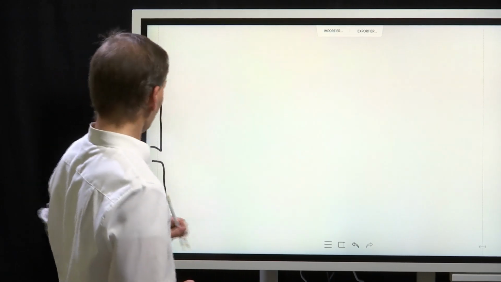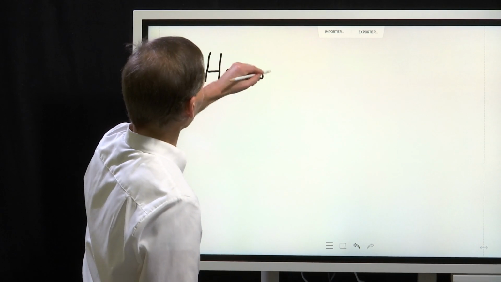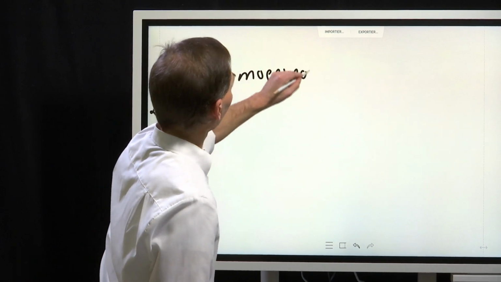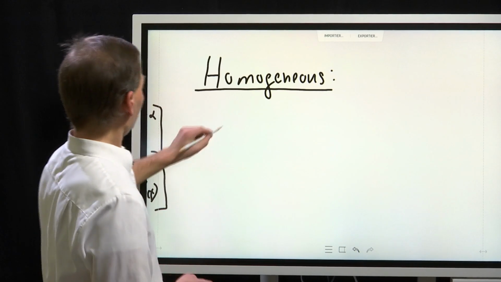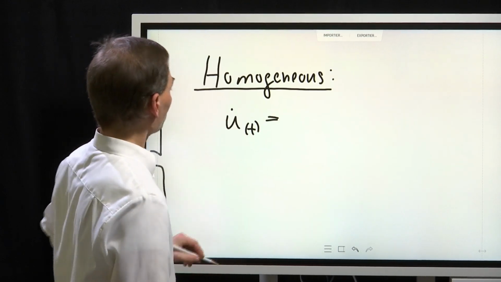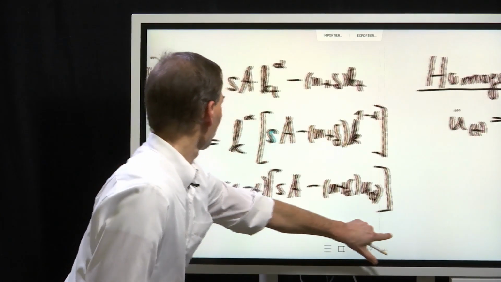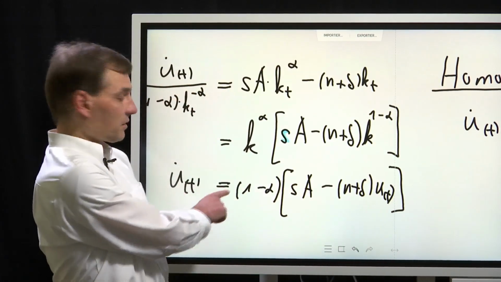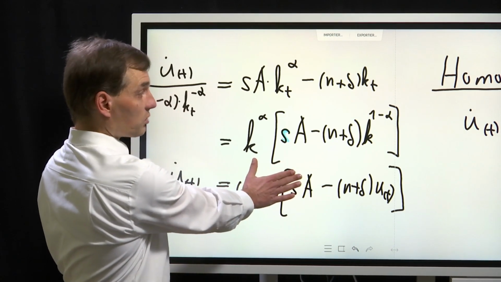In step 2, I have to solve first, as I said, the homogeneous differential equation. Given my u equation, it looks as follows. If we go back for a moment, the term with 1 minus alpha times s A is 0 for the homogeneous part.